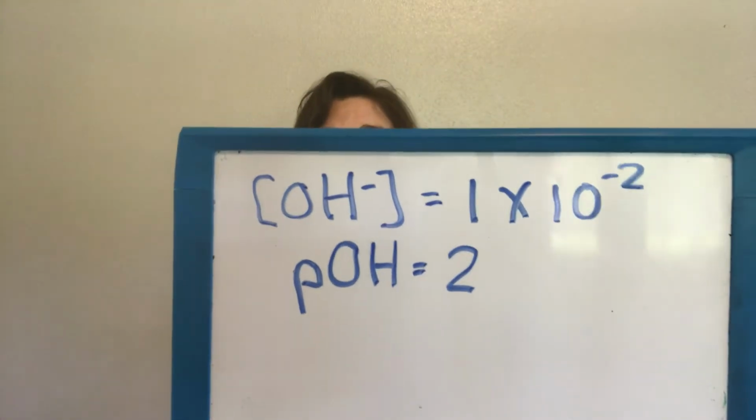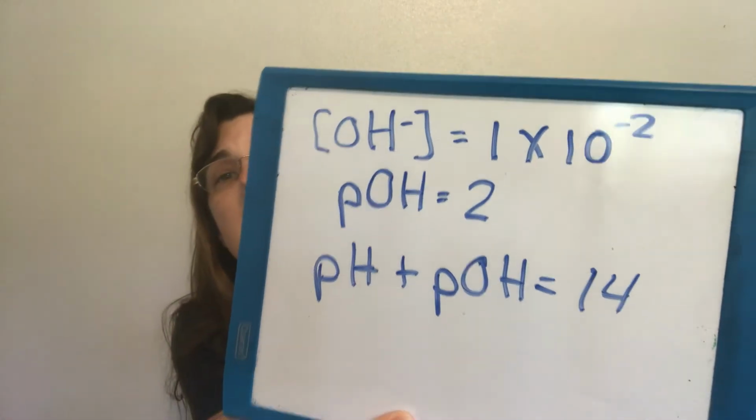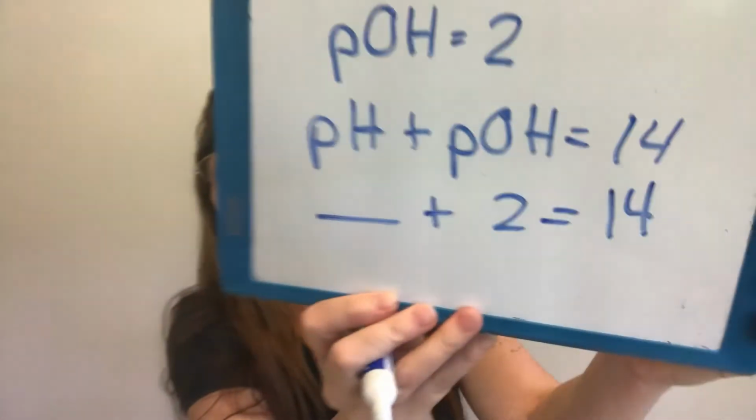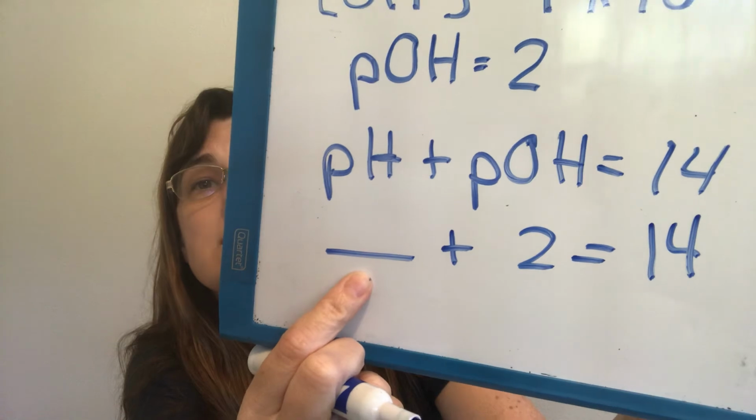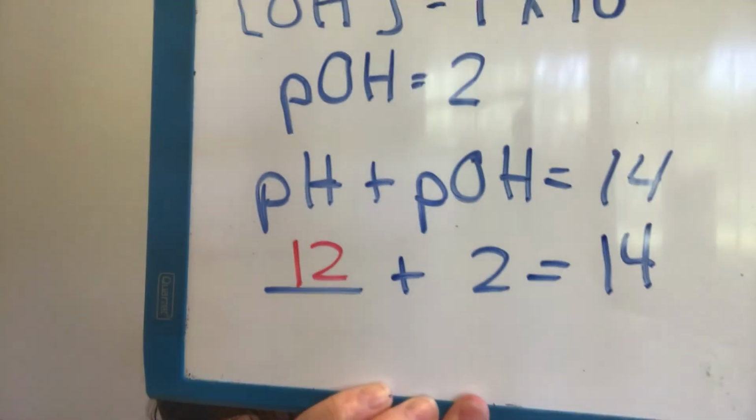And so if I know that the pOH is 2, and I know that the pH plus the pOH is going to equal 14, I can figure out the pH. Okay, so if I know that whatever the pH is plus 2 is going to be equal to 14, guess what the pH is for this? It's going to be 12. And so the pH, I'm going to do it in a different color marker. It's going to be 12 like that.